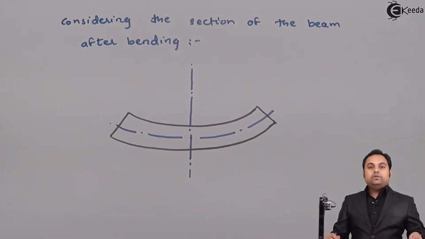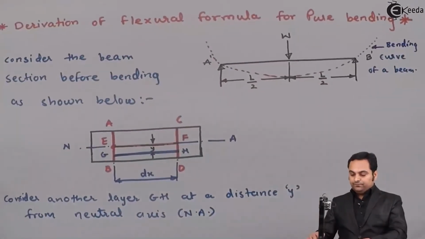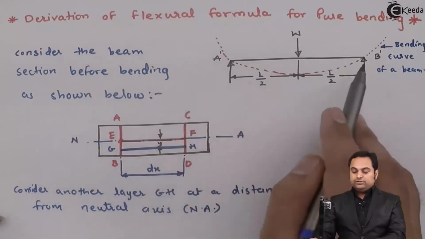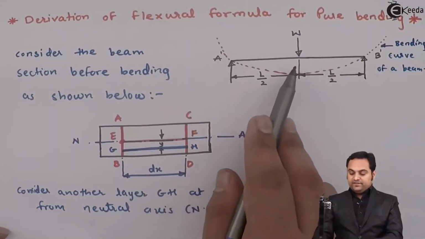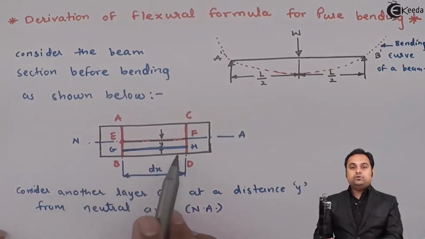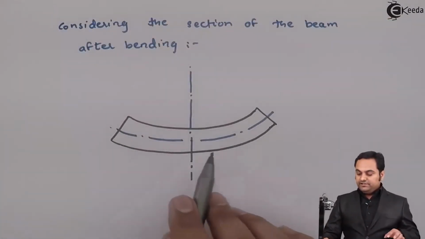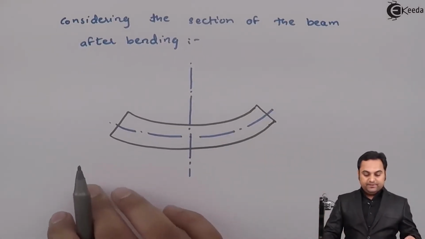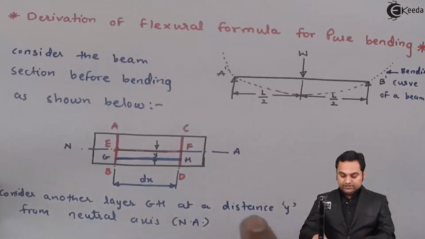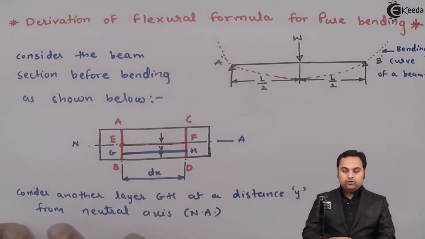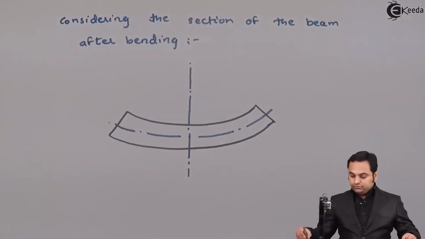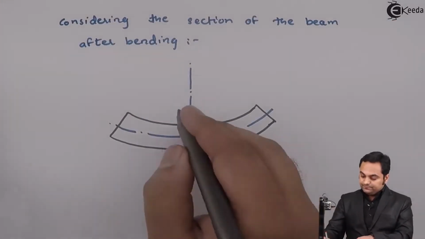Now when the beam is subjected to loading as shown in the diagram, this beam section which was straight before loading will bend in this way when the load is acting. So what will happen is, these points A, B, C, D all would be shifted. So here I'll mark those points.